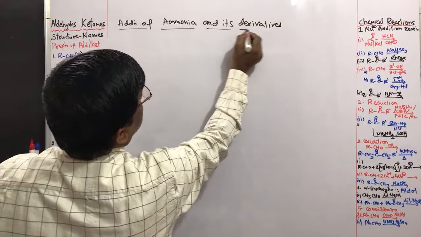When I treat it with amine NH2, so nitrogen having 2 hydrogens, and this group Z, let me write Z. Z can be various types of compounds you can prepare.